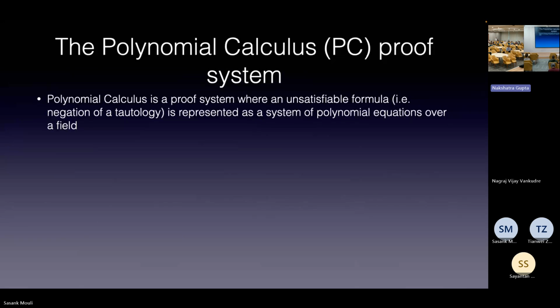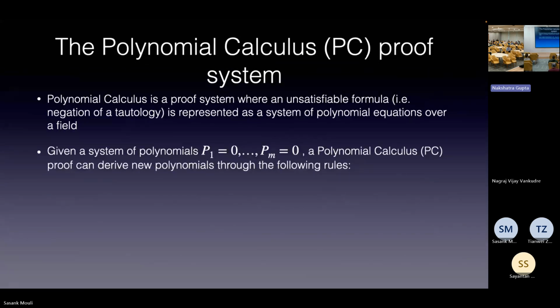For that, we have many proof systems. You might have seen systems like resolution and cutting planes. Polynomial calculus is one such proof system with an algebraic flavor, where you encode your unsatisfiable formula as a system of polynomial equations over some field.